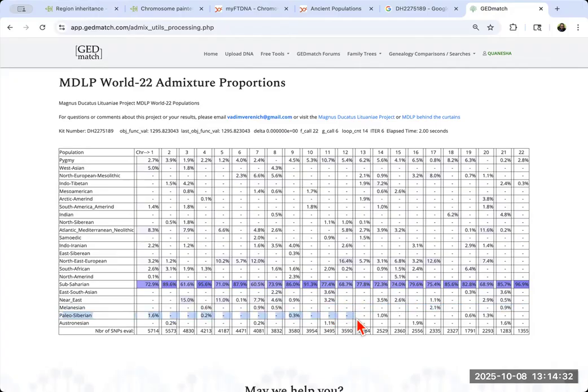As we keep going, chromosome 1, 4, 9, 14, now we're at 3.1%. Then we've got 0.6% coming in, so now we're at 3.7%. Now we've got 1.3, so now we've got a full 5% for Paleo-Siberian at the chromosomal level.